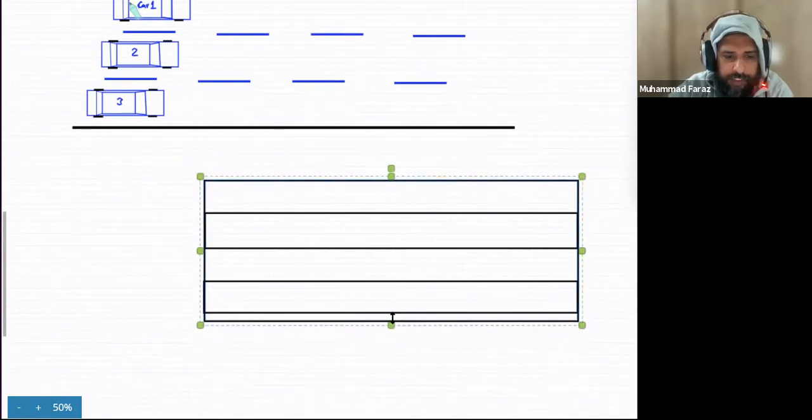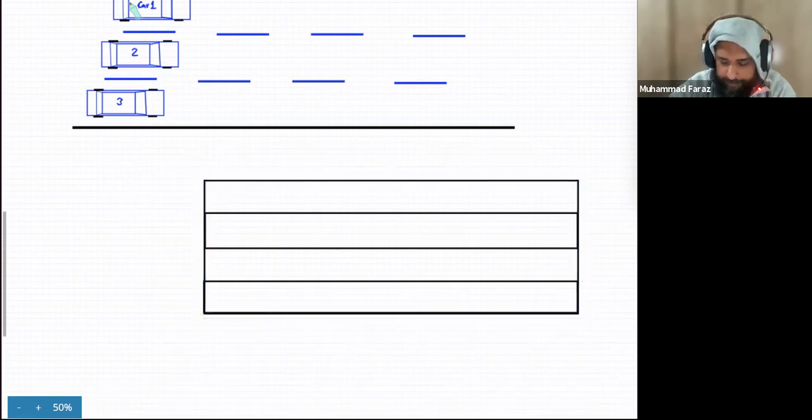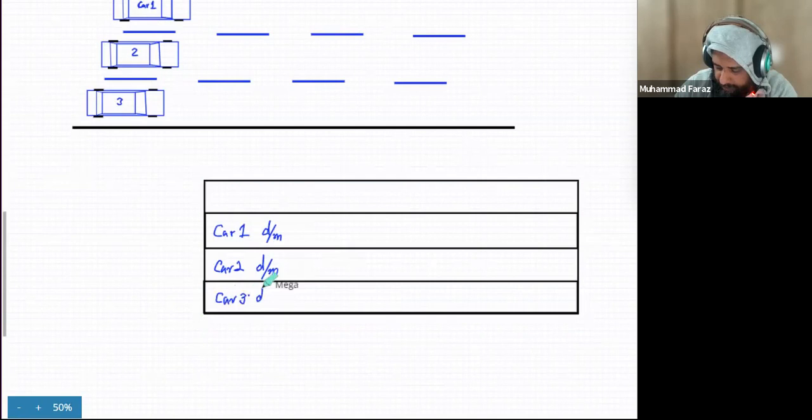Let's make a table of the three cars. This is car number one, distance in meters. Car two, distance in meters. Car three, distance in meters.